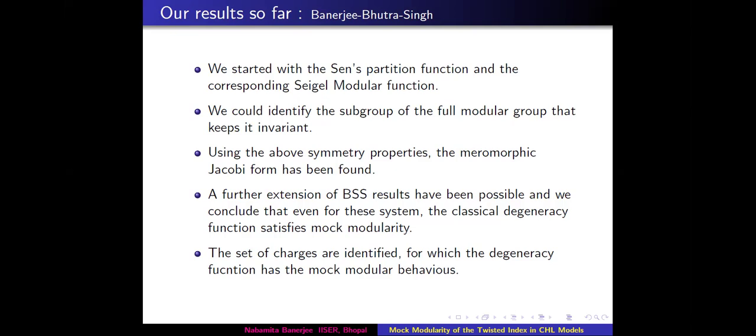Now, everything you're saying is in the regime of charge vectors which admit both single and multi-centered. So this decomposition that you're talking about is in a region of the charge vector space where it is non-trivial, where there is something really mock.